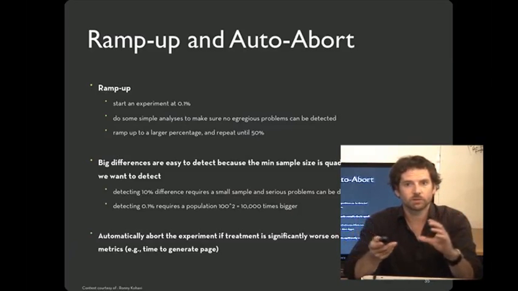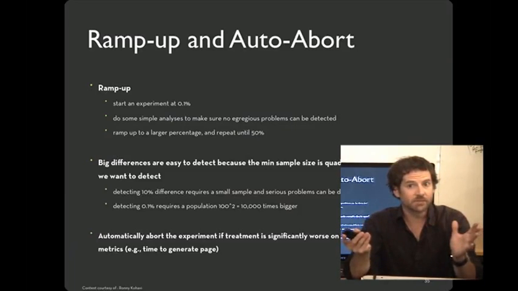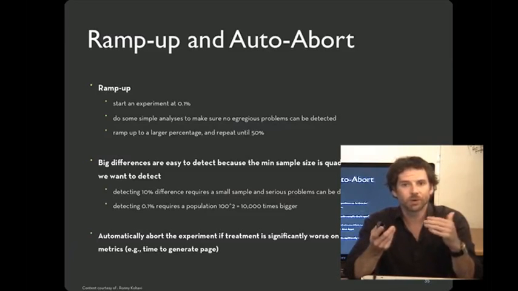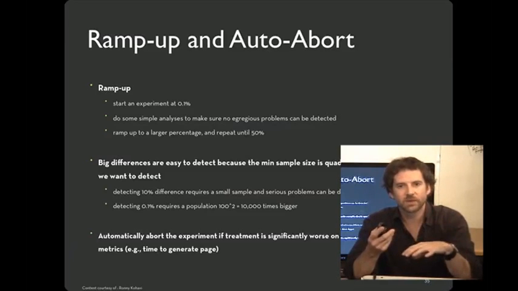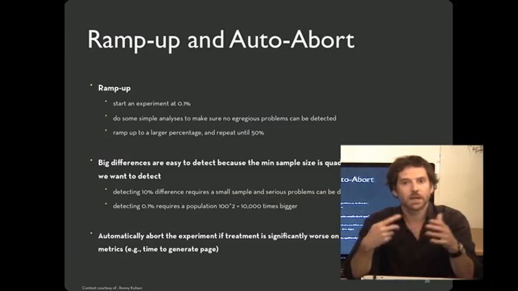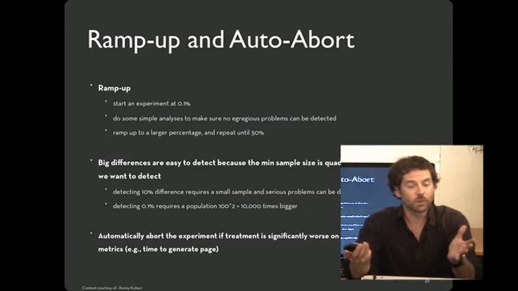And so rather than expose it to half the population initially, try out with a small sample, looking primarily for a negative effect. If you don't see a major negative effect, then you can dial up the fraction that you assign to and slowly get to 50-50 from there. And if you do see a negative effect, automatically abort your experiment and try to figure out what went wrong before continuing. If you want to be fancy, you can even do this in software.